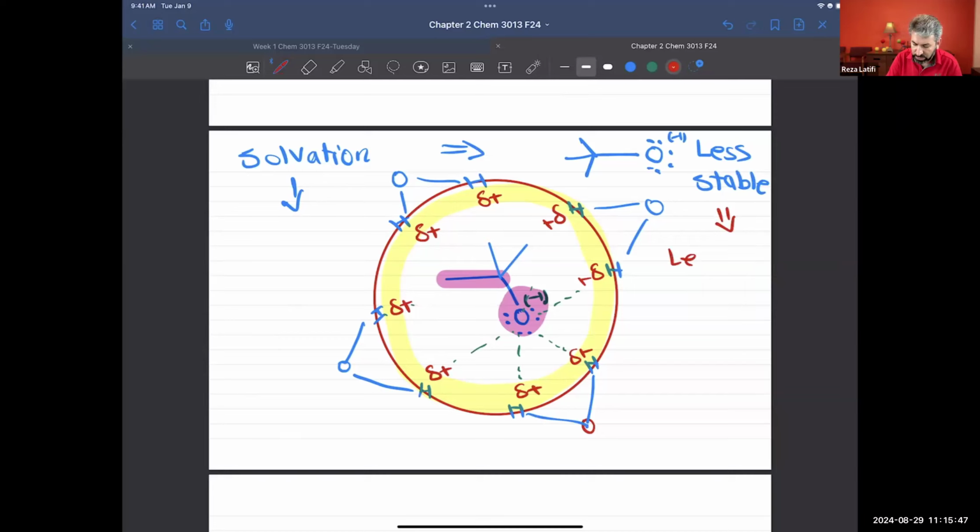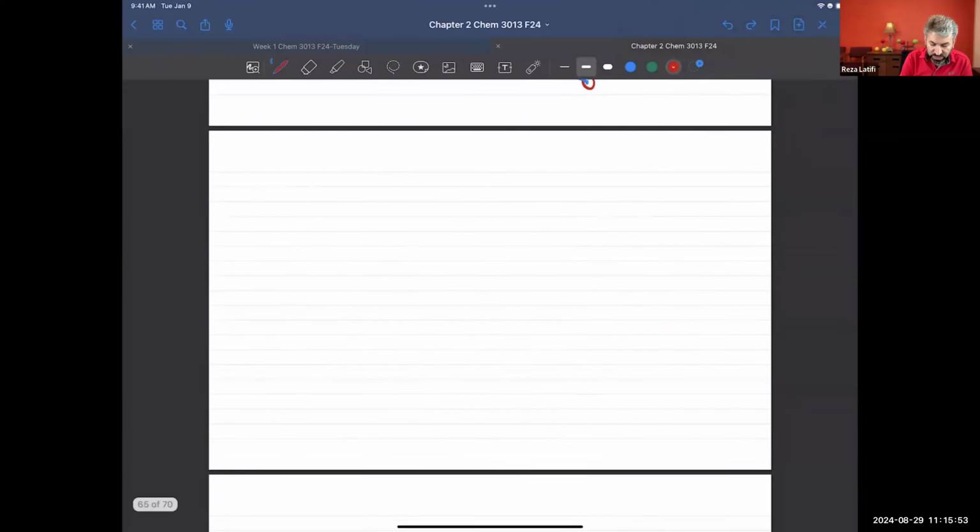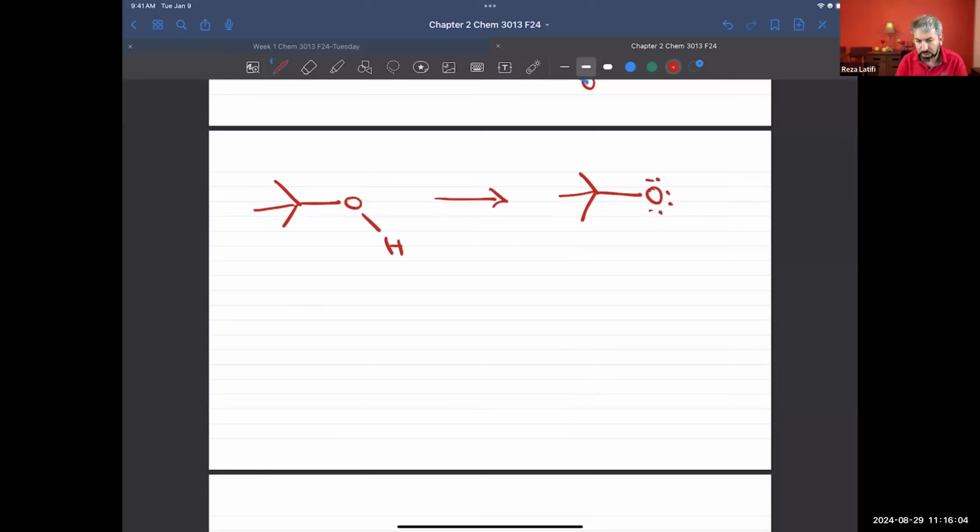Okay, so I'm going to write it on another page because I need more space. So this is the molecule that we started with, and it turned into such a molecule. We have a negative charge. Of course, we have hydrogen, and the hydrogen is taken by, let's say, a base or whatever.